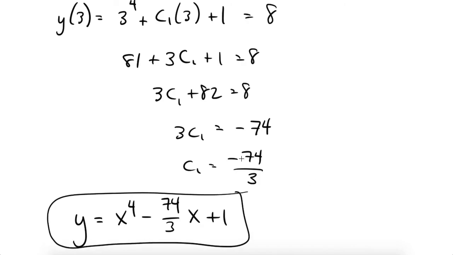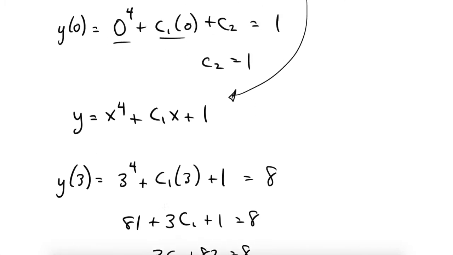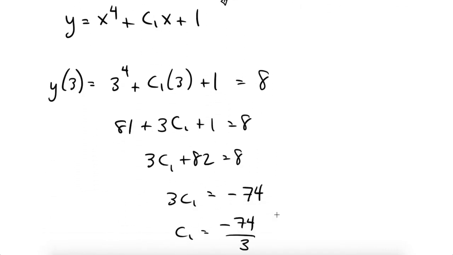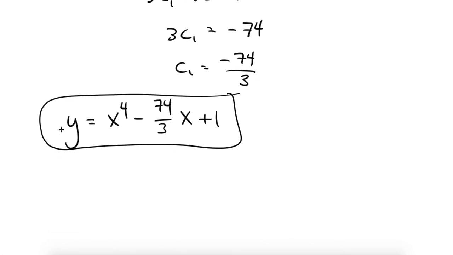Because I recovered c1, that was my coefficient on x. c1 is my coefficient on x, and at this step I recovered that c2 was equal to just a single 1. So after I've recovered both my constants of integration, now I know that this was the original function. And it's straightforward enough to check that if you take two derivatives, you end up with the thing you're supposed to get.